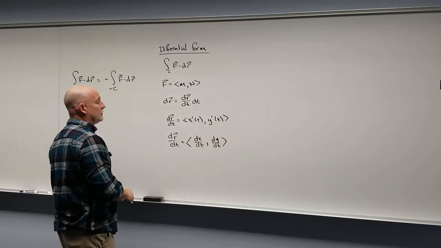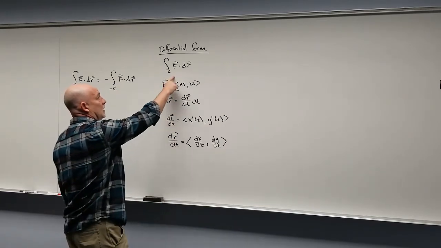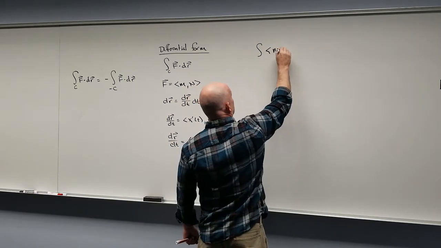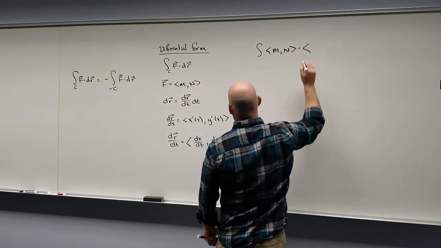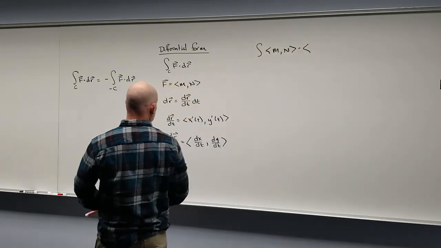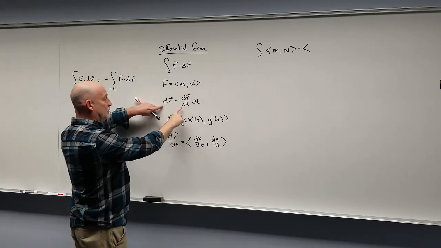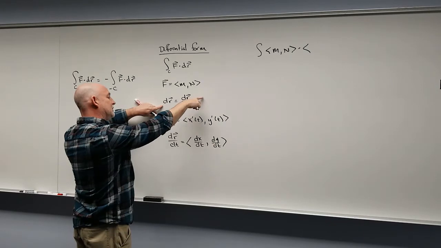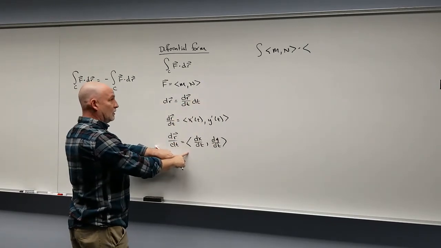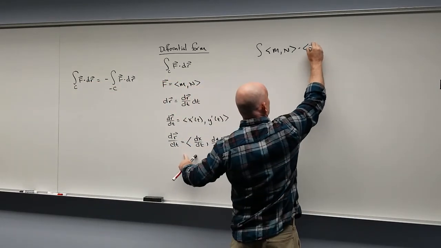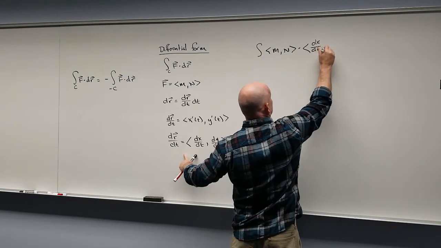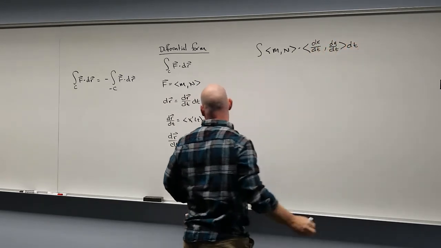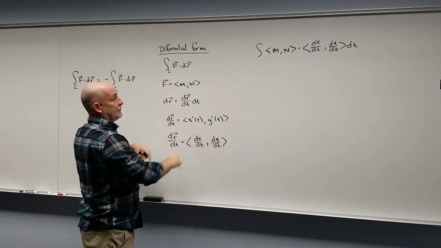All right, so if we put this together and I rewrite this as F is M, N dotted with dr, and we know dr is dr/dt dt, so it's going to be dr/dt, which is dx/dt, dy/dt, dt.